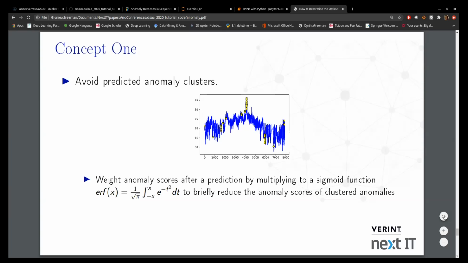To prevent alarm fatigue, we keep the first detection in the cluster, but ignore remaining detections in the cluster. And the user can specify how many time steps are to be ignored following a detection. So given a predicted anomaly, we multiply that many user-chosen steps of anomaly scores following the predicted anomaly's time step by a sigmoid function, the error function, to briefly reduce the anomaly scores of clustered anomalies.